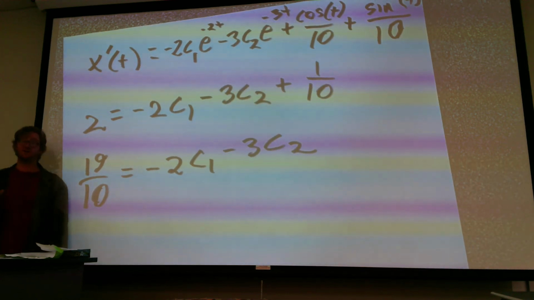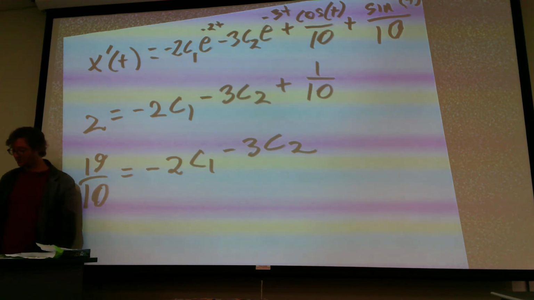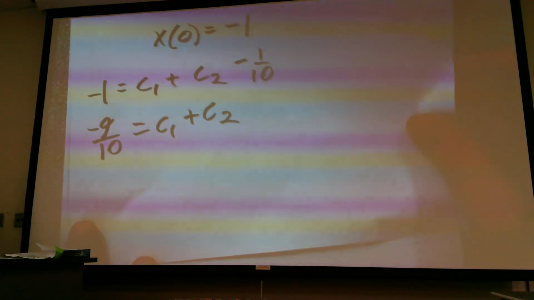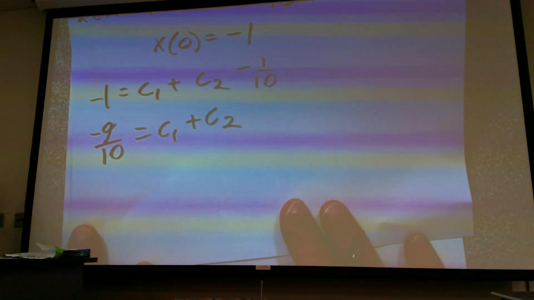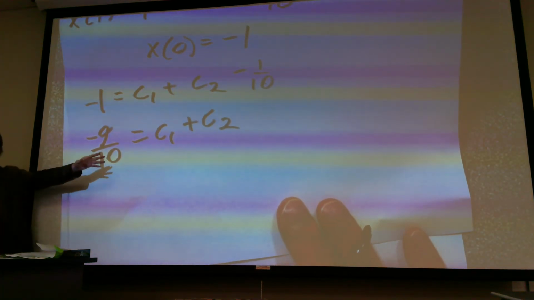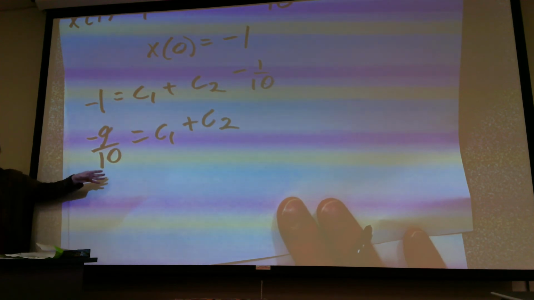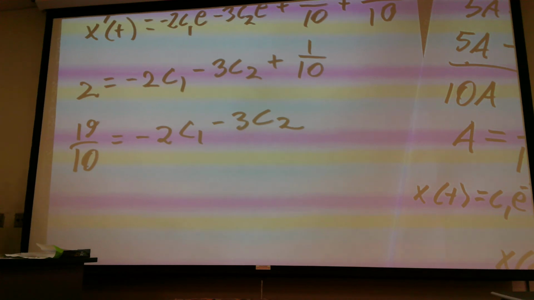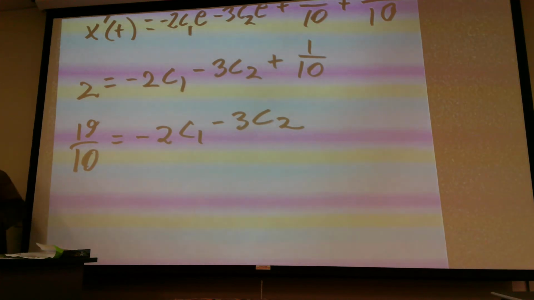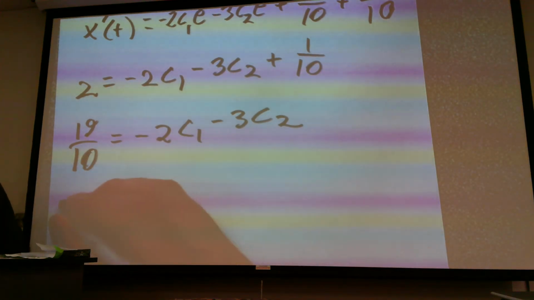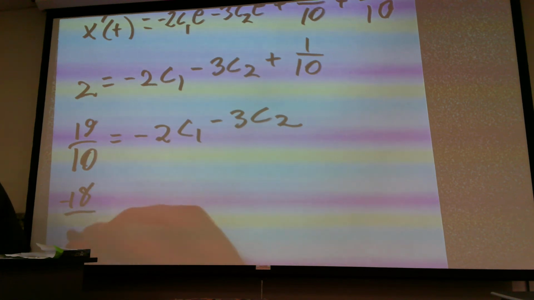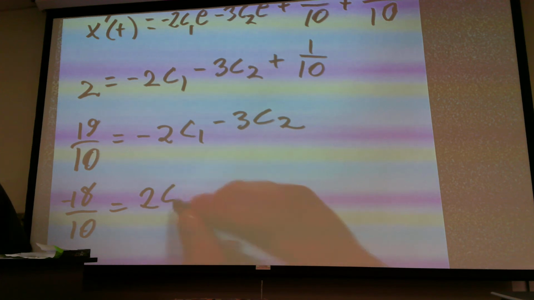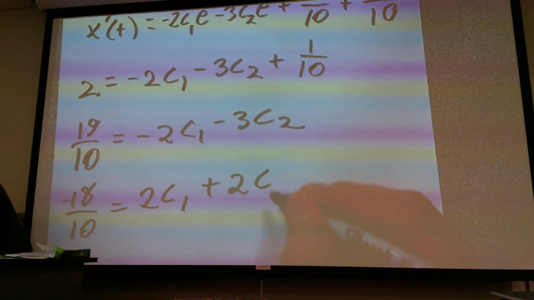So we're making a little bit of progress, but we need to take that other equation that we were dealing with, which is negative 9 over 10 equals c1 plus c2. What I'm going to do is multiply this entire thing by 2, so that when I add it to this one right here, they're going to cancel each other out. So this is going to be negative 18 over 10 equals 2c1 plus 2c2.